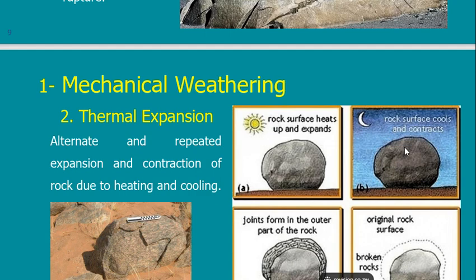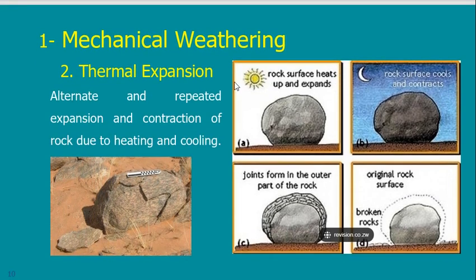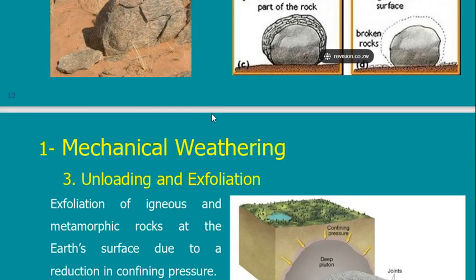So what will I end up with? I will end up cracking the top layer. So with time, the top layer is going to break down into pieces and fall down. So this is what we call thermal expansion. It is mechanical weathering due to thermal expansion.